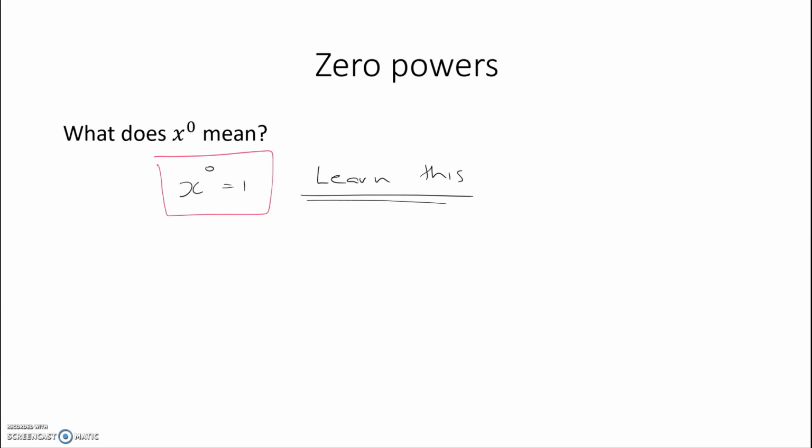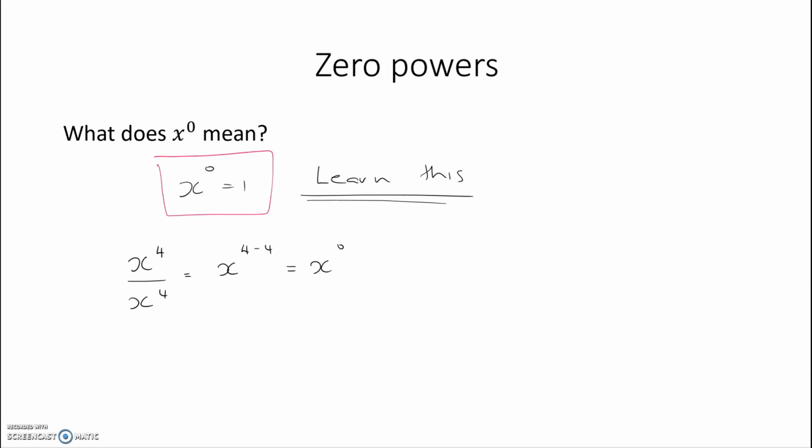But we can kind of prove it, and then it makes sense that it's true. Let's look at x to the power of 4 over x to the power of 4. Now, we know how to do this. It's division, so we subtract the powers, and now we have x to the power of 0.